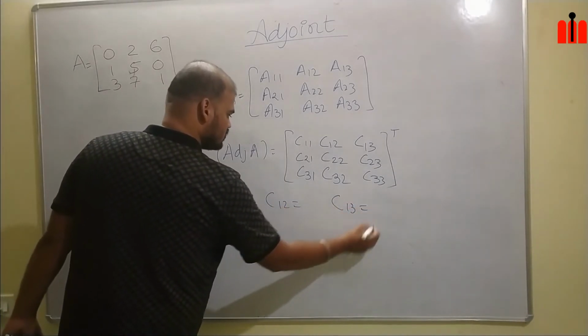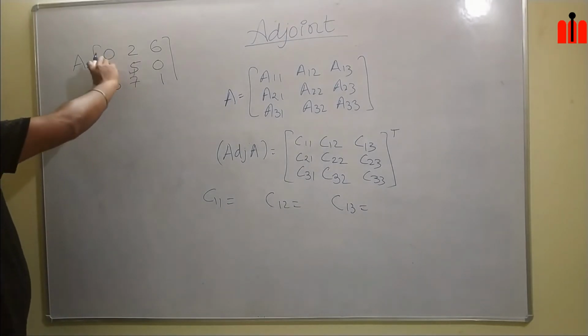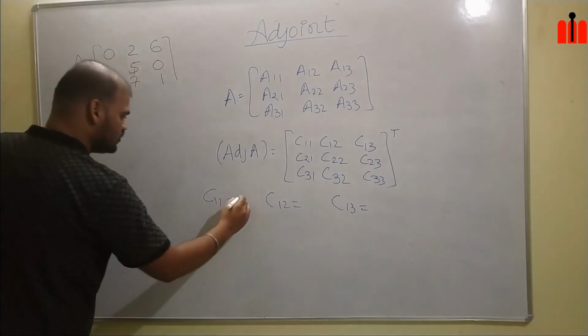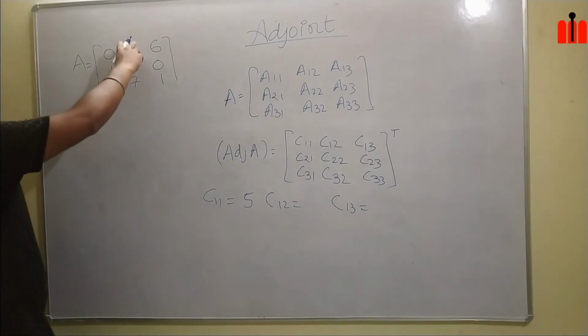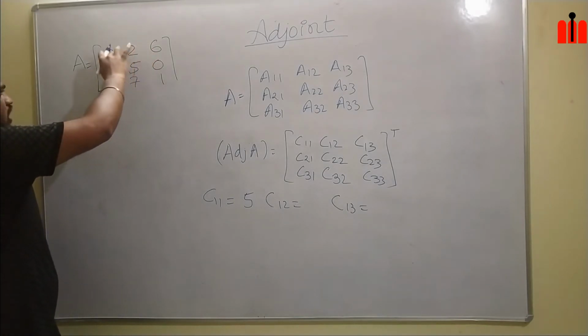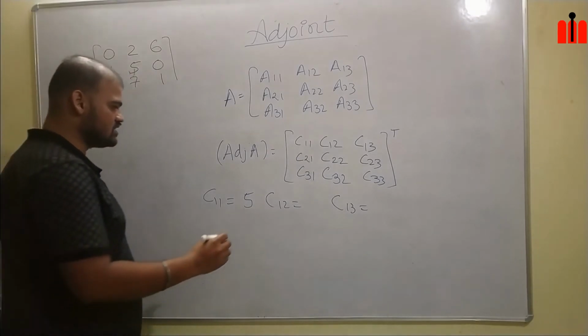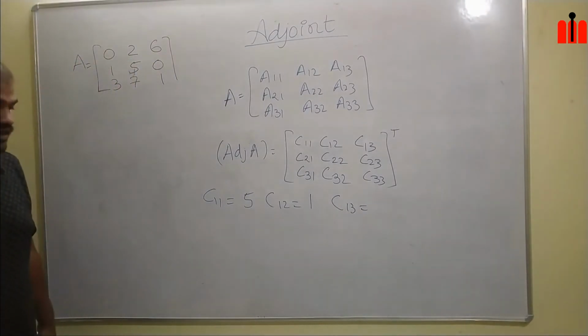For C11, strike off the first row and first column. So it will be 5 minus 7 into 0, so it will be 5. C12, first row and second column struck off. So it will be 1 into 1 minus 3 into 0. So it will be 1.